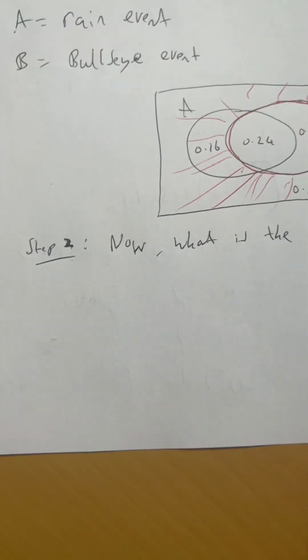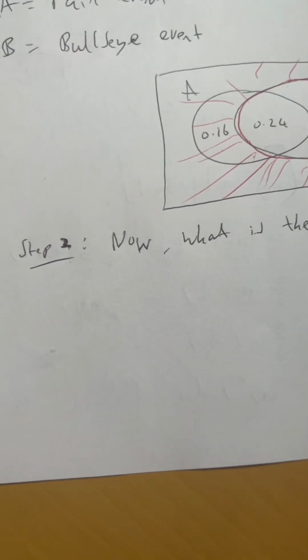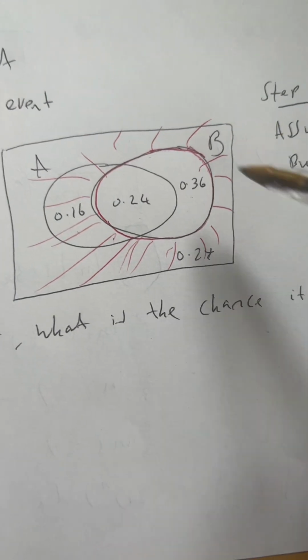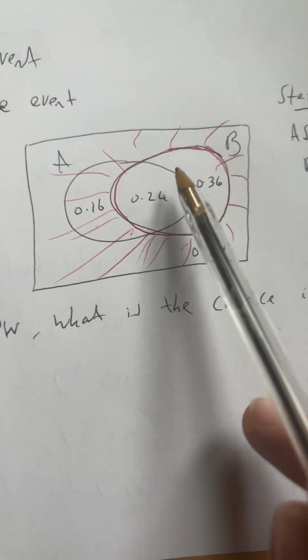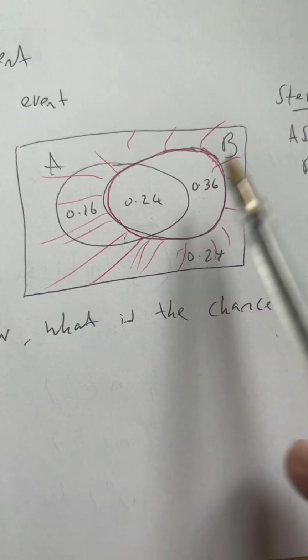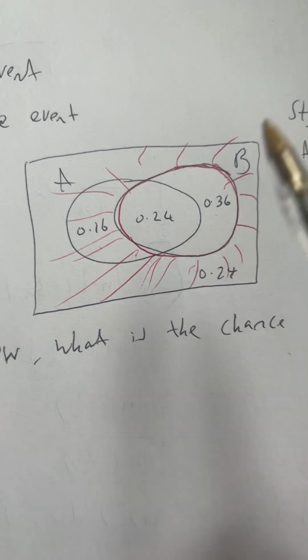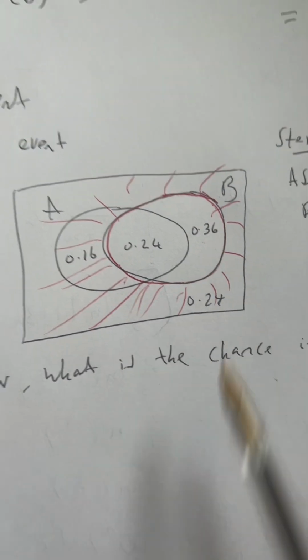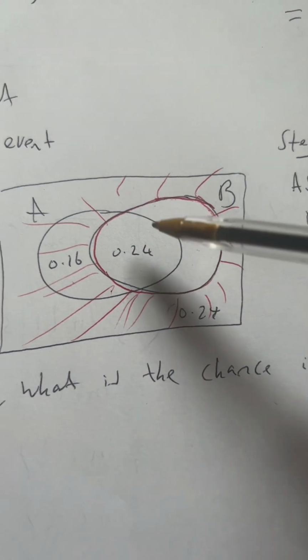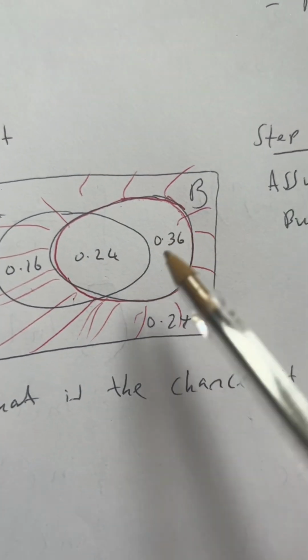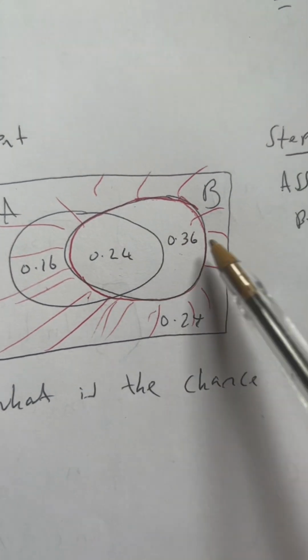Now the next step. Given that we've hit the bullseye, what is the chance now that it rains? We're definitely in one of these compartments here, but what is the chance that it is now going to rain? In order for it to rain, we need to be in this compartment. We've got 2 choices, either this one or this one, and we want it to rain.